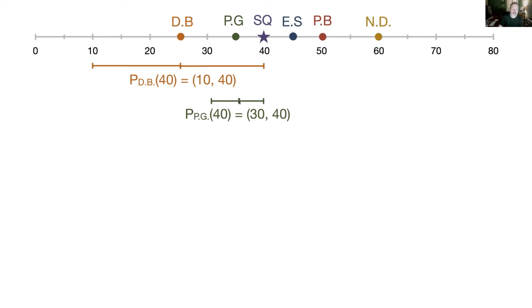But because her utility function is single-peaked and symmetric, she also likes everything between 35 and 30 the same. First, I found the point I'm comparing. Her indifference point is 30. Everything in between 30 and 40, she strictly prefers to 40. She doesn't prefer 40 to 40. She doesn't prefer 30 to 30. That's why they get soft brackets instead of hard brackets.